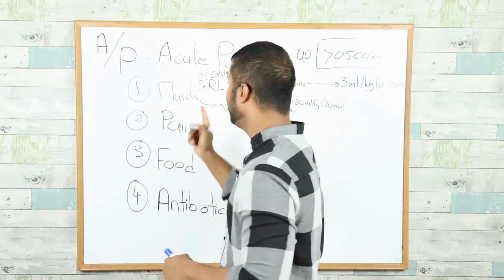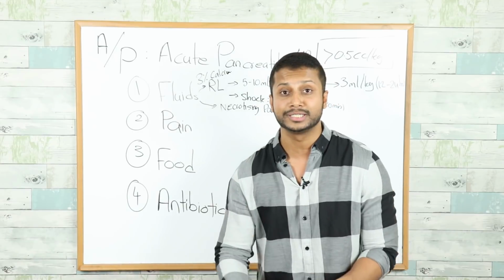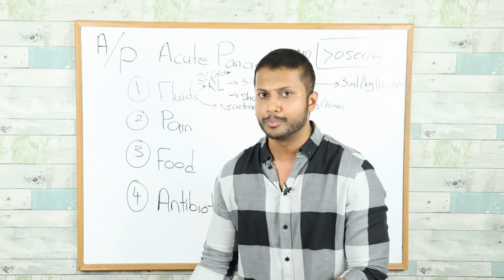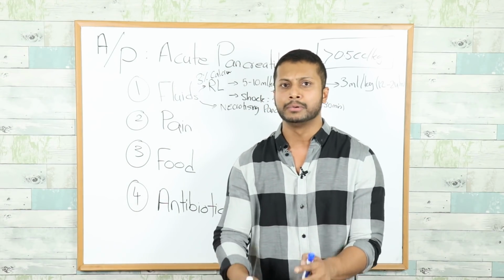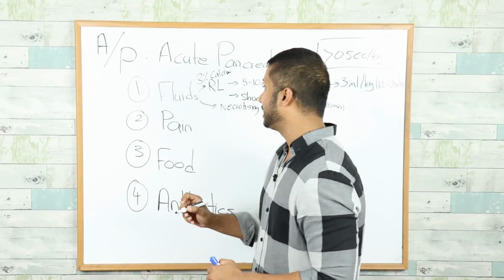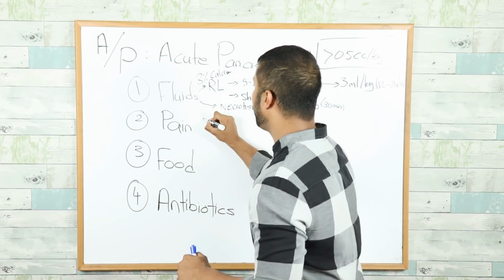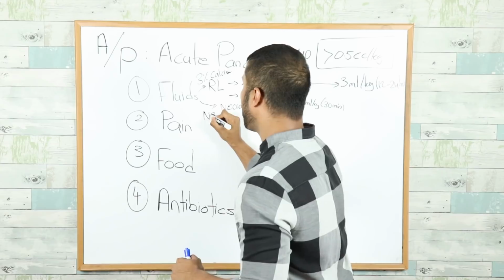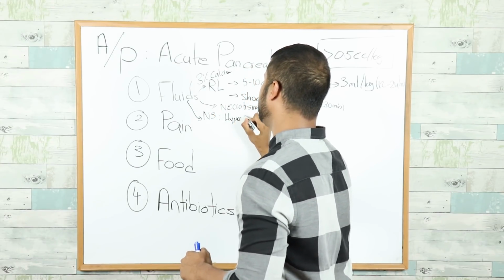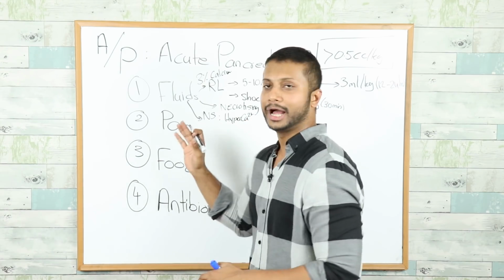So if somebody is hypercalcemic causing acute pancreatitis, you're giving the patient more calcium. So this is pretty much the only time you'll actually avoid Ringer's lactate, and in its place you're going to use normal saline if the patient has hypercalcemia. Alright, so I hope you guys got that.